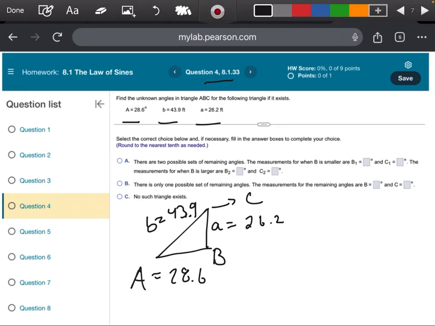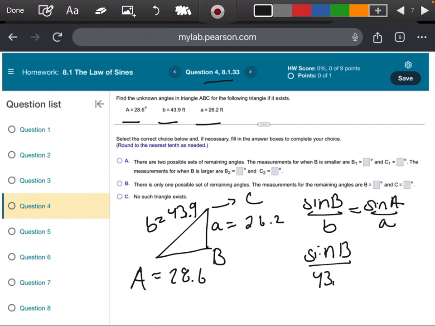So, y'all, let's go ahead and use the law of sines, okay? So, look, y'all, I'm going to say the sine of B over B is equal to the sine of A over A. So the sine of B over 43.9 equals the sine of 28.6 divided by 26.2.